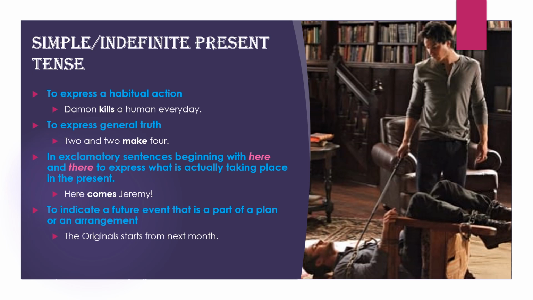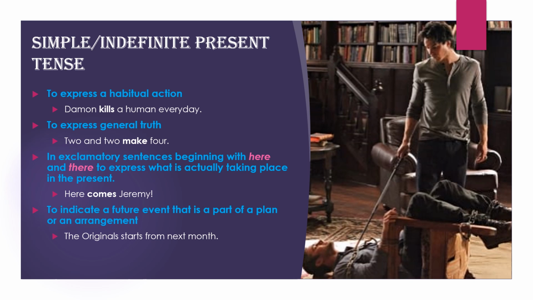Then the third way you can use the simple or indefinite present tense is in exclamatory sentences beginning with here or there. An exclamatory sentence is not a very well prepared sentence. A stimulus got generated, and as a response to that stimulus, there was a reaction, an outburst of feelings which is very sudden, without having prepared what you need to say.